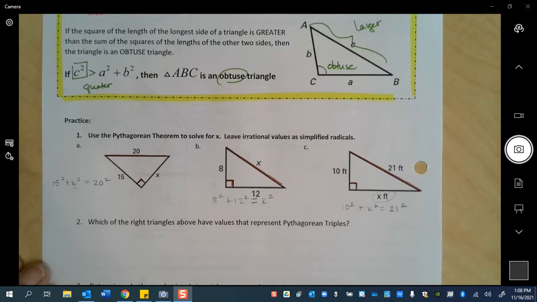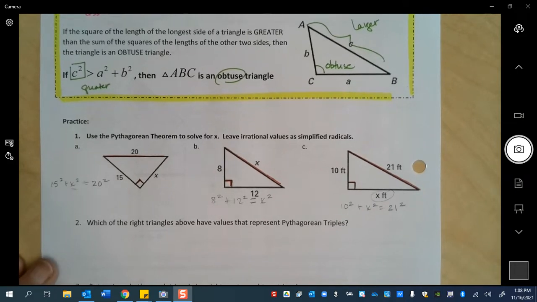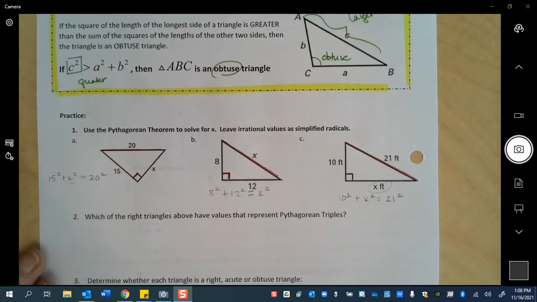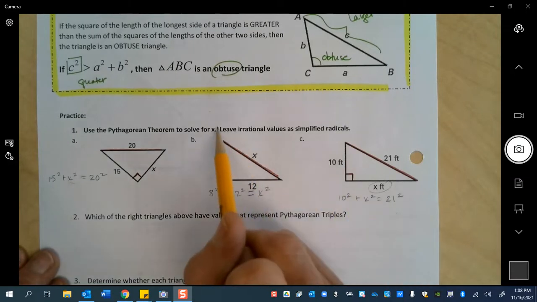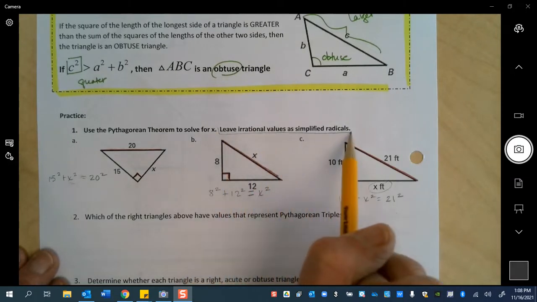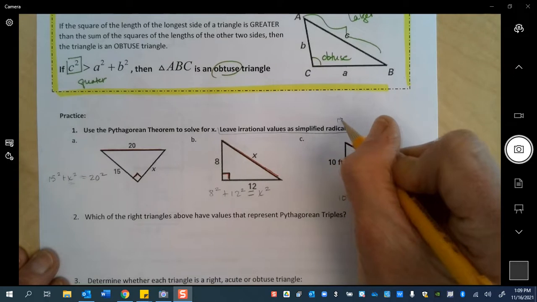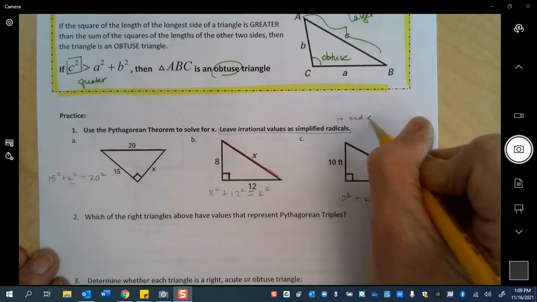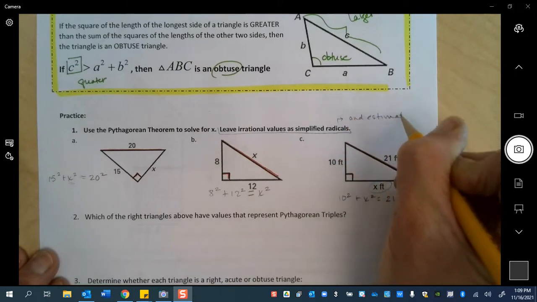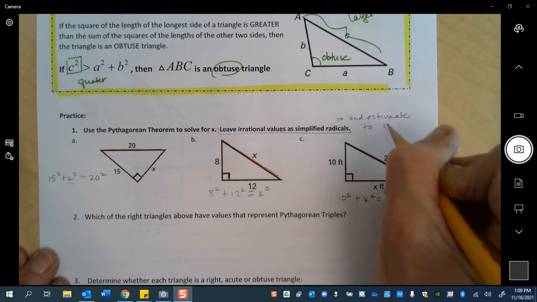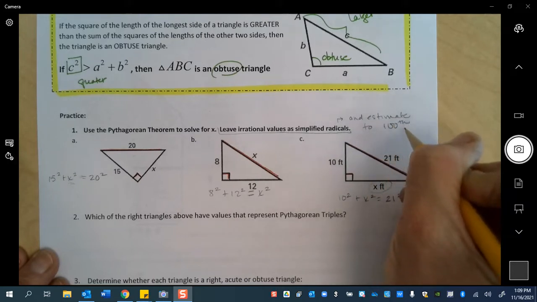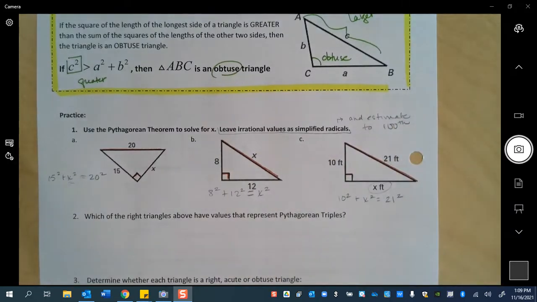So go ahead with your group mates, talk about solving them, and I want you to find your answers two ways. This says leave your irrational values as simplified radicals, and I want you to estimate to the hundredth. All right, off you go.